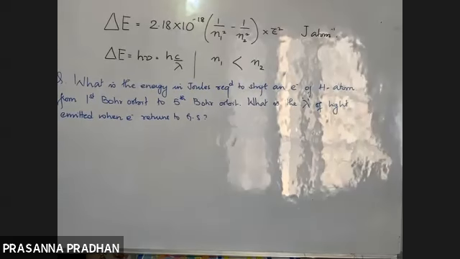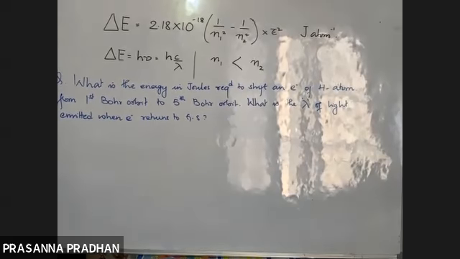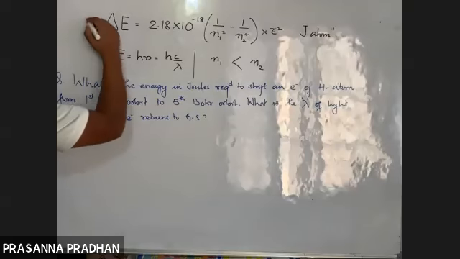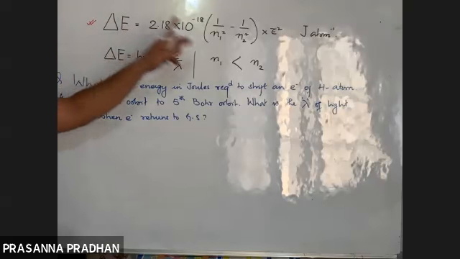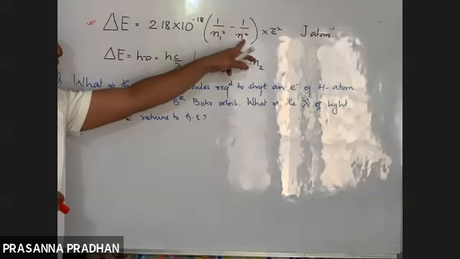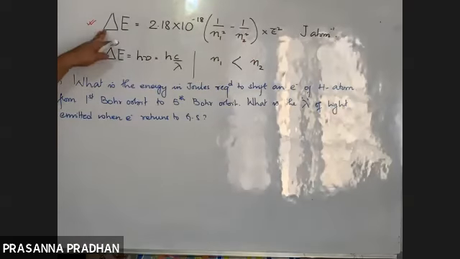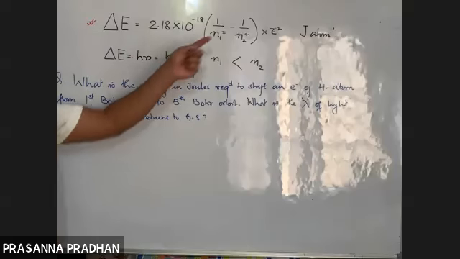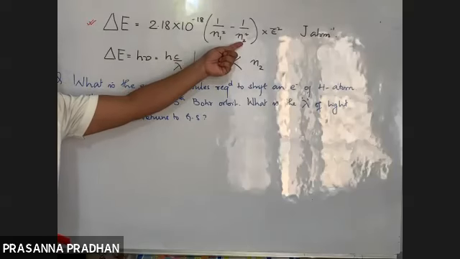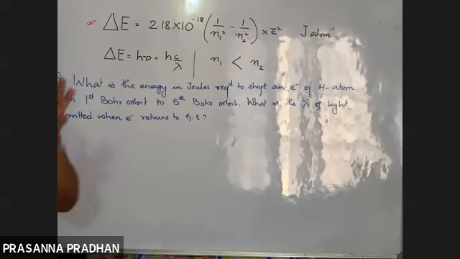So in the earlier class, I think we have discussed these two equations, namely the amount of energy required, delta E, when an electron makes a transition from a lower energy level to a higher energy level. This much energy is required, or the same amount of energy is emitted when an electron returns from a higher level to a lower energy level.